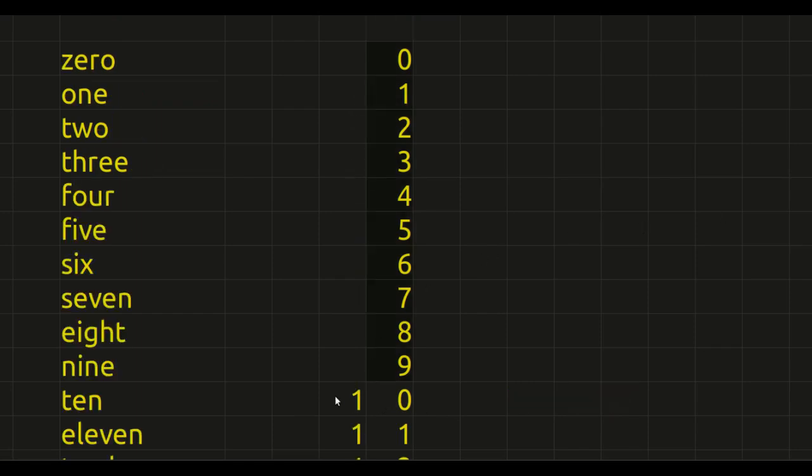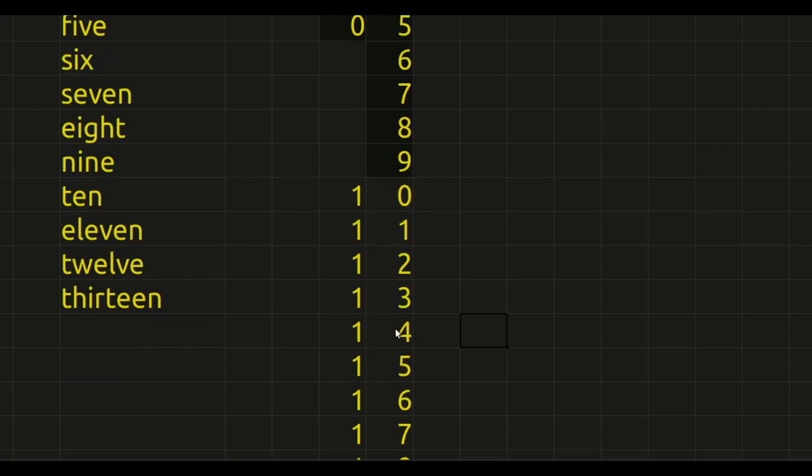As we have found out that the second digit represents how many tens we have, similarly the first digit represents how many ones we have. For this number 14 we have 1 ten and 4 ones, that is 1 into 10 plus 4 into 1, and that is how we are going to get 14.